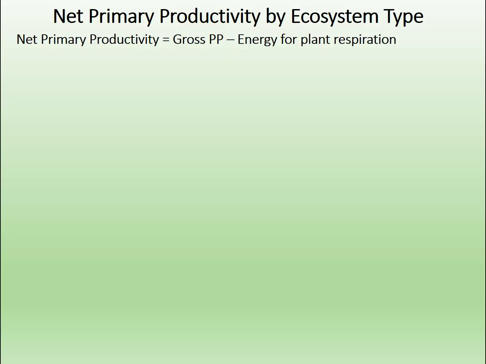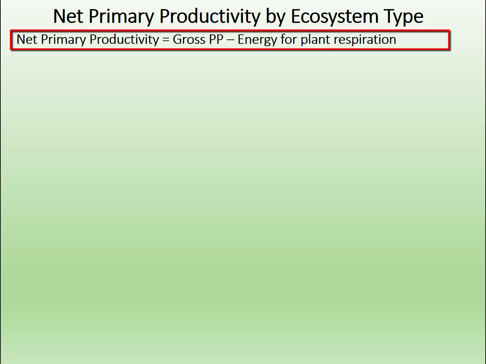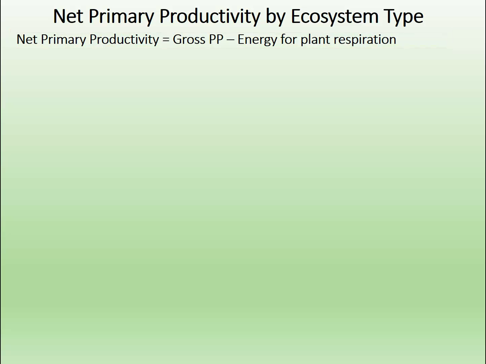Autotrophs need sugars to survive as well, so they use some of the sugars they make themselves to power their own cellular respiration. The energy that is left over is used to create plant biomass, which is essentially plant material such as leaves, stems, and roots. Net primary productivity is gross primary productivity minus the energy the autotrophs used for its own cellular respiration.